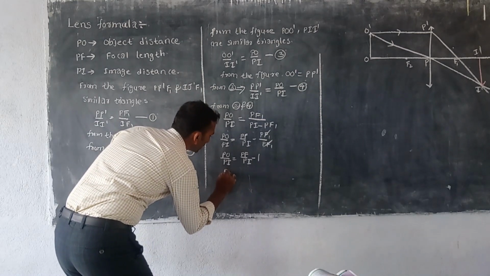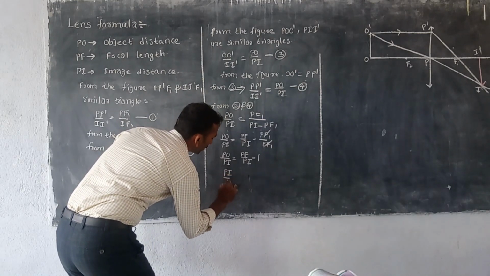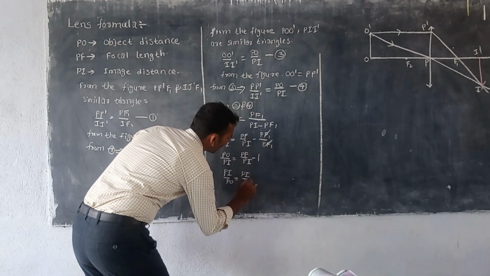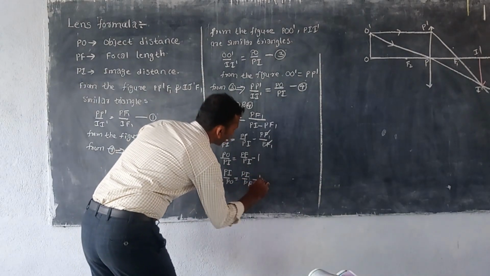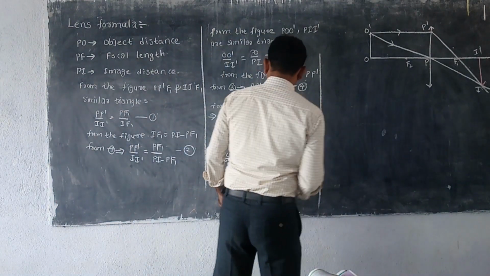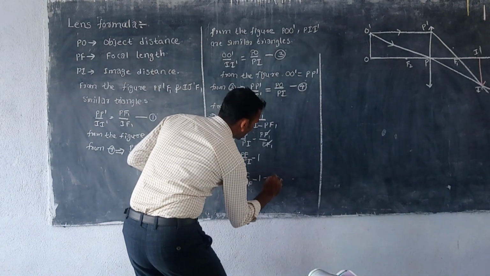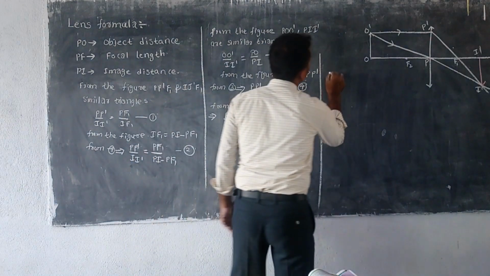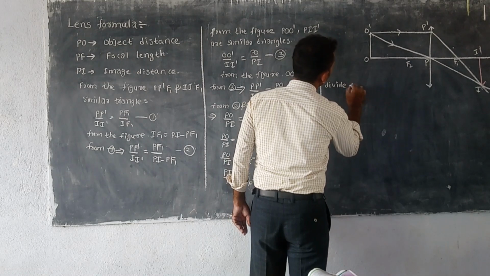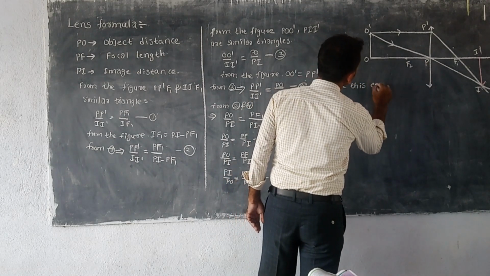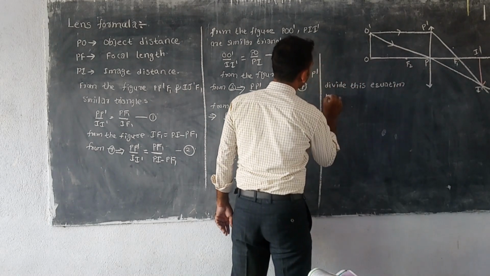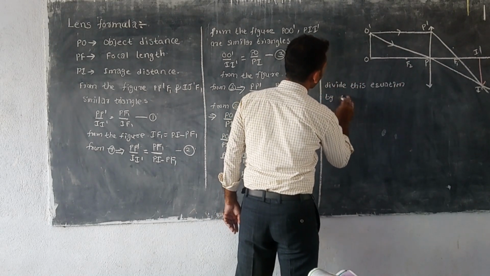So we can change this equation into PI by PO equals PI by PF minus 1. This is equation 5. Divide this equation by PI.